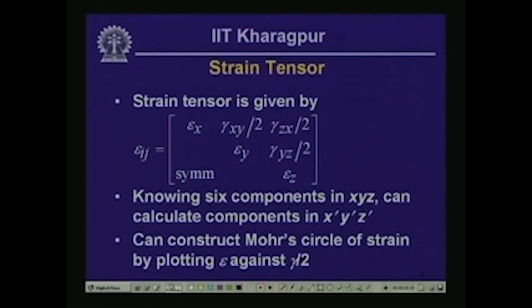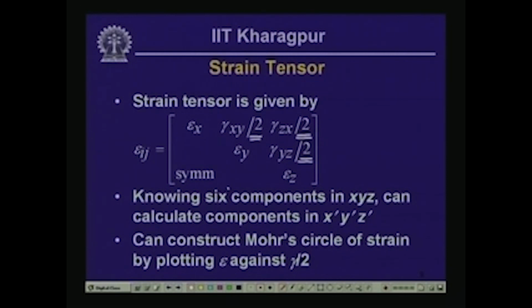But you should notice one change in comparison with the stress tensor: you have to divide the shear strains by a factor of 2 in order to compose the strain tensor.